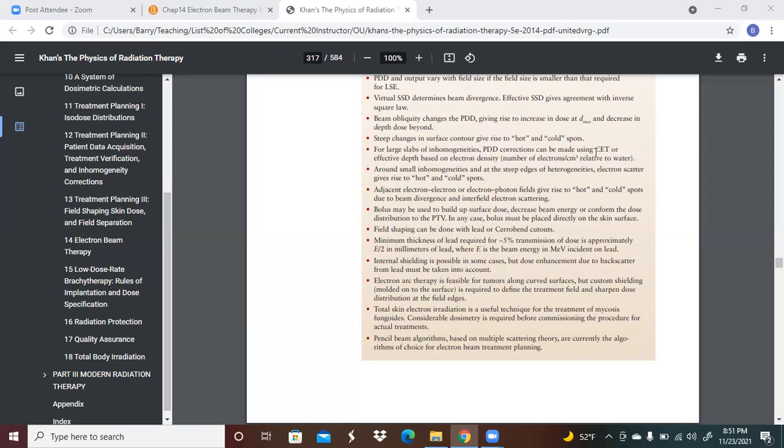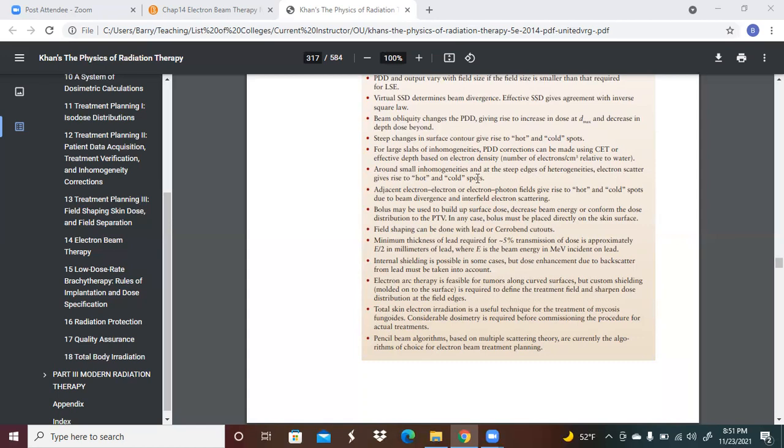If you have large slabs of inhomogeneities, then PDD corrections can be made using CET, or effective depth, based on electron density. In other words, the number of electrons per cubic centimeter relative to water.